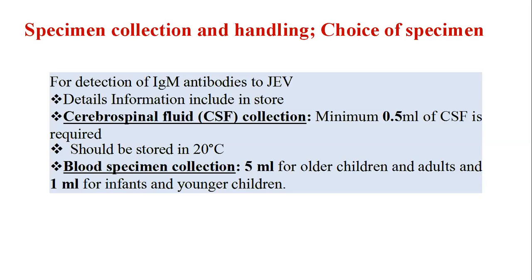You have to collect cerebrospinal fluid, minimum 0.5 ml CSF is required, and this collected CSF should be stored at minus 20 degrees centigrade. And blood specimen collection should be 5 ml for all children and adults, and 1 ml for infants and younger children.